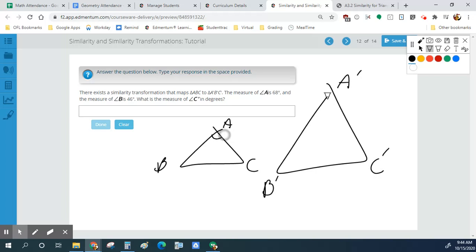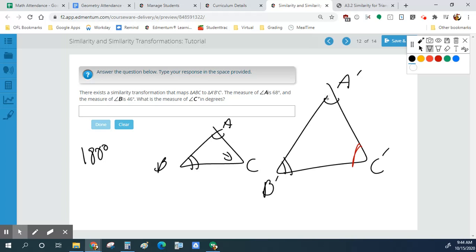So they're like, we know what this angle is, we know what this angle is. What's this angle? Well, we already know that these are equal, so this angle should be the same as the first angle, and then this angle is the same as this angle. So we need to figure out what this angle is. So the only way to do that is a triangle has 180 degrees.